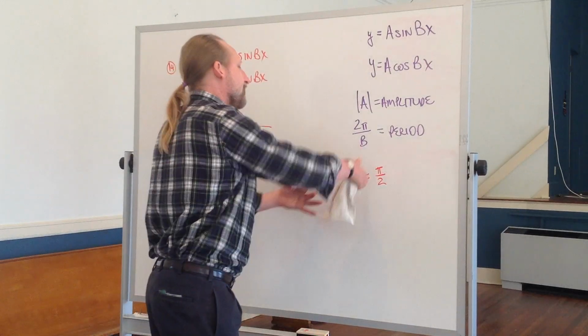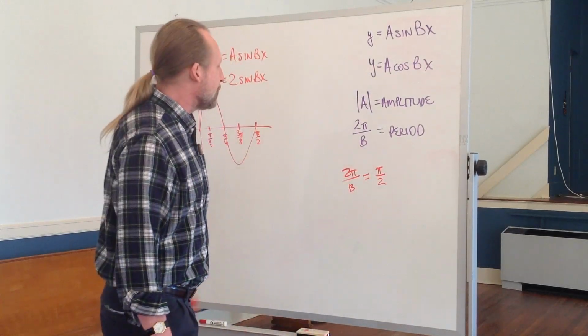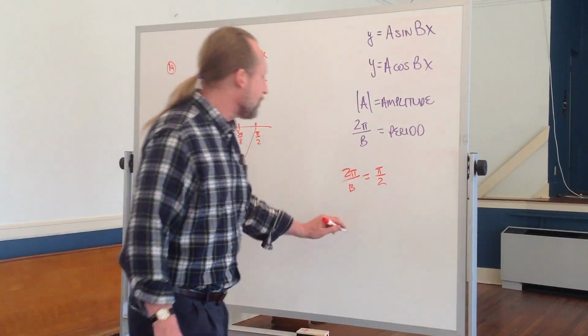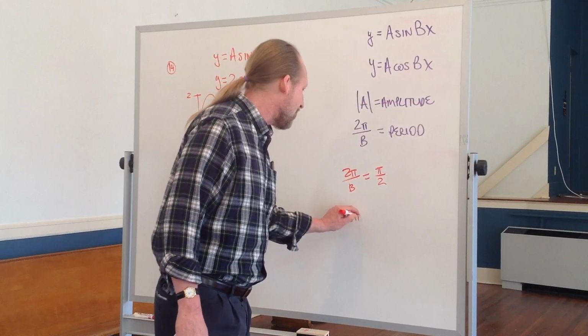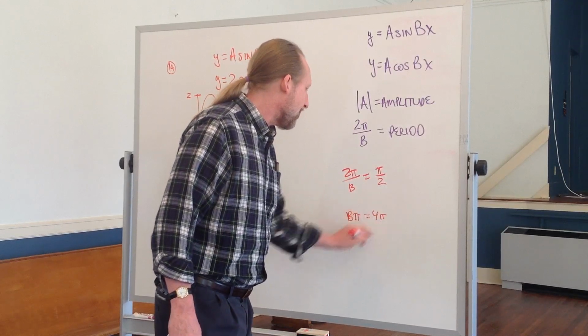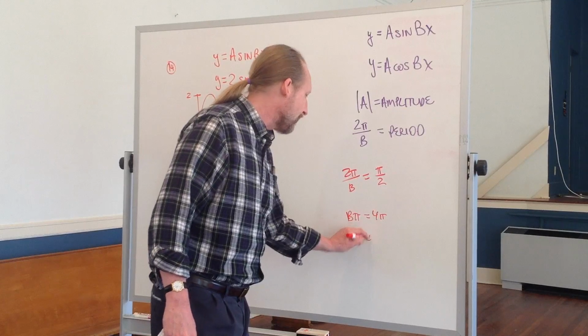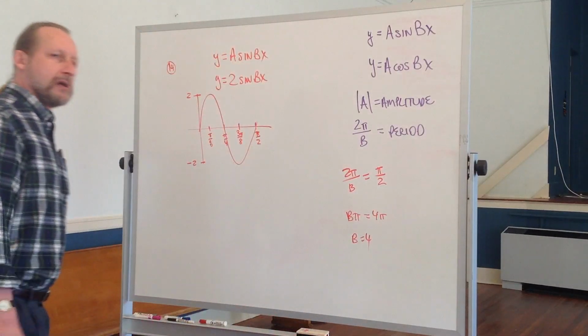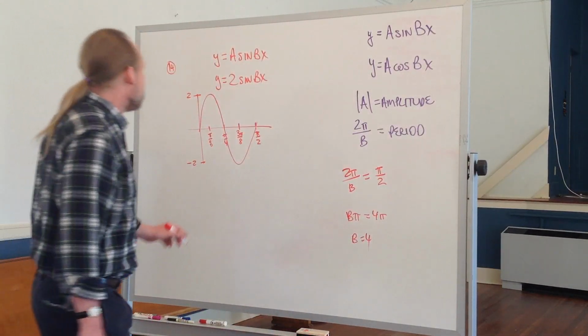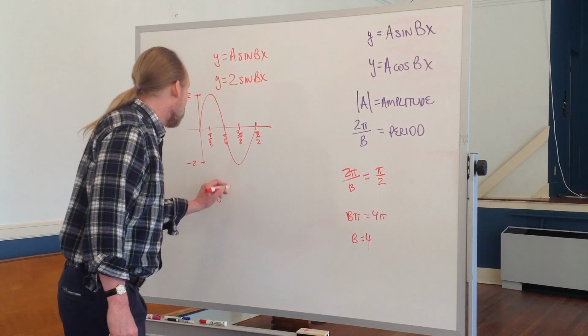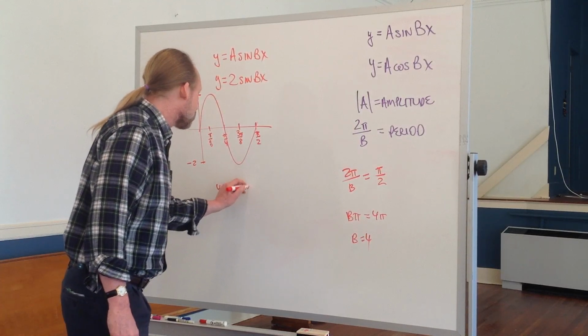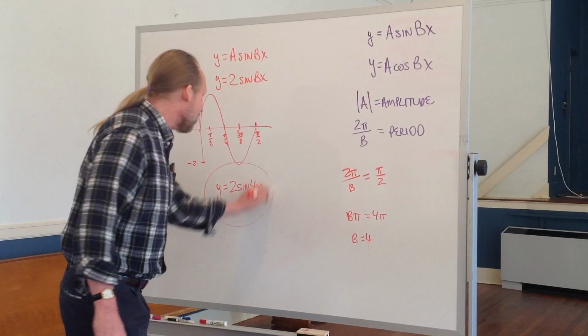You can take reciprocals and multiply on both sides by 2 pi. You can cross multiply and get b pi equals 4 pi. So b equals 4. Okay? That's the way I'm going to go about doing it, because now we're done. This says y equals 2 sine 4x.